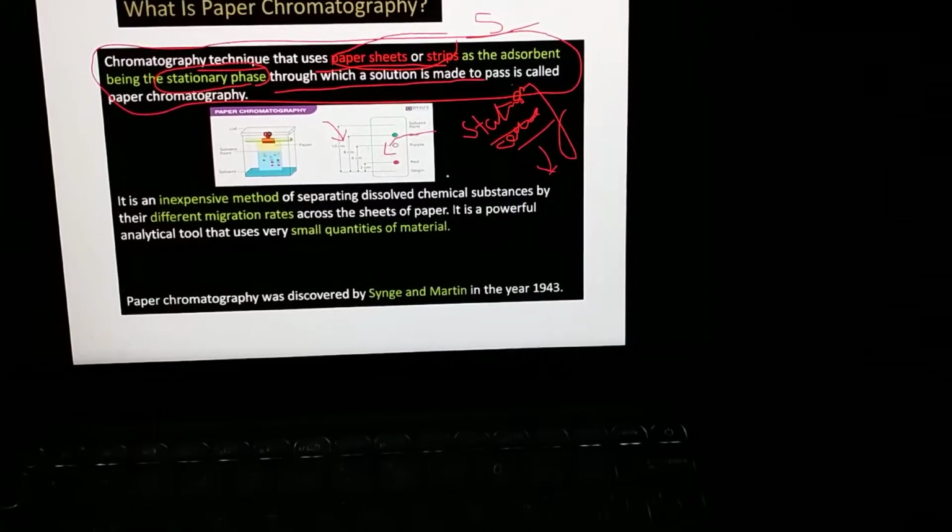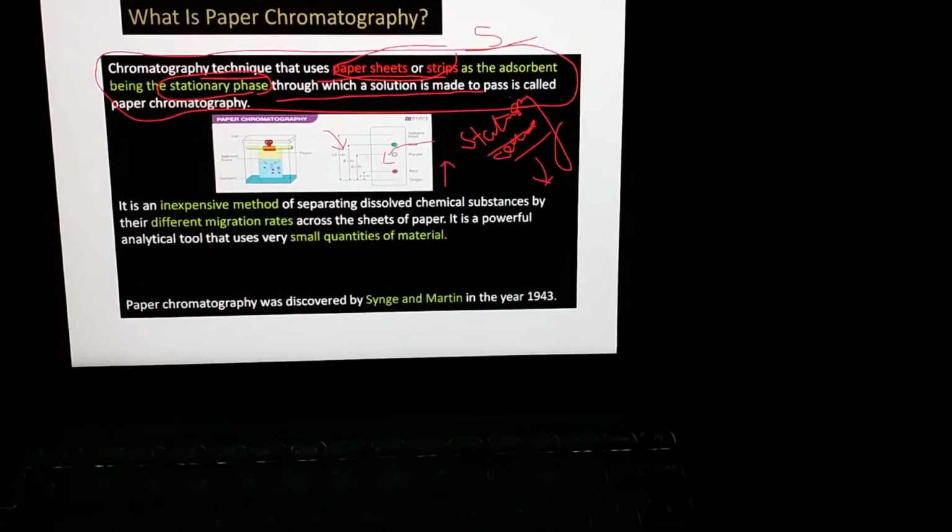It is polar. A polar compound interacts with this stationary phase much more as compared to a non-polar one. What I mean is that the adsorbent capacity of the polar component of a mixture through the stationary phase will be higher. So when you apply the mobile phase, it will not be able to break up these interactions as much as for the non-polar component.